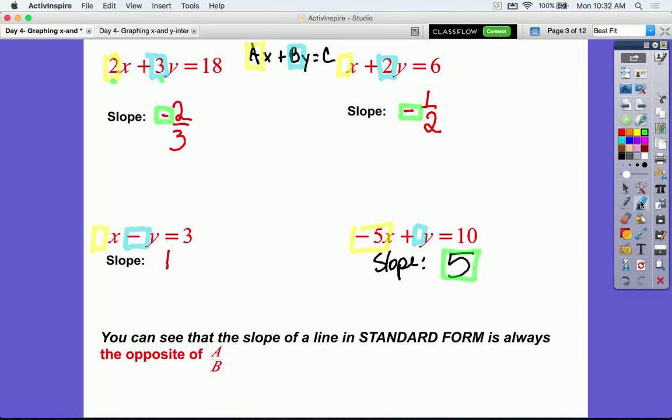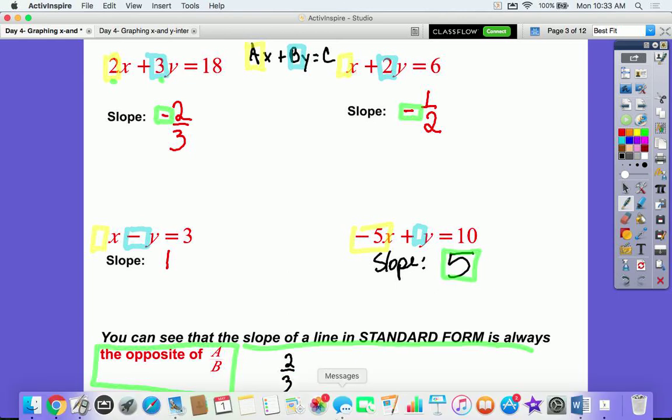So here's the deal. The slope of a line in standard form is always, and this should be in your notes, the opposite of the a value over the b value. Think about this. If I simply put a over b, in the first example, I would have 2/3.